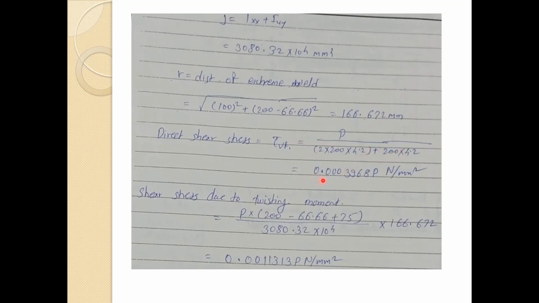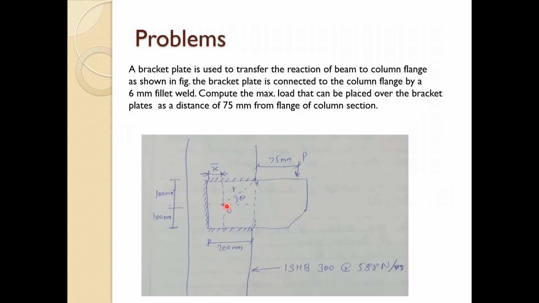So we are getting here in terms of P, because we have to find the P, 0.0003968 P Newton per mm square. Same way the shear stress due to twisting moment, that is P into e, this is e. So here we know the distance, that is 200 minus 66 plus this 75.